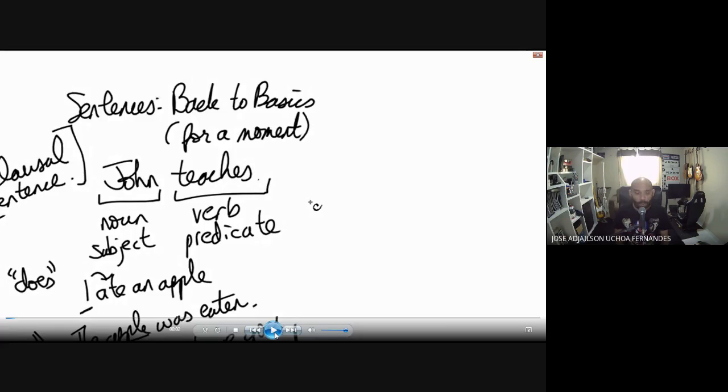So if we had to write a syntactical definition of the subject, it's the entity in a clause that comes before the verb. It has to agree, and it is inverted in questions. Basically, this is the subject, okay?